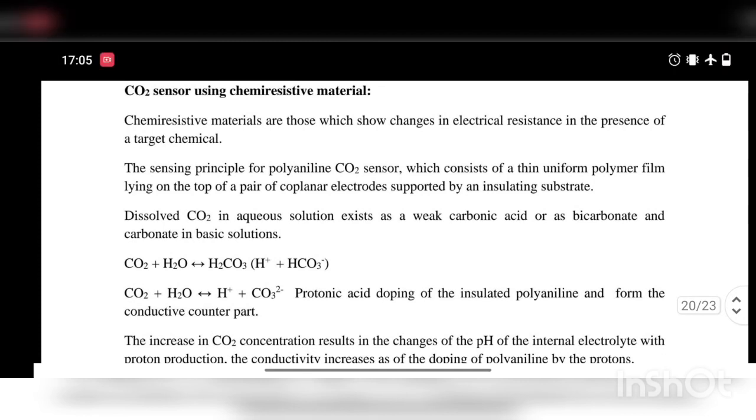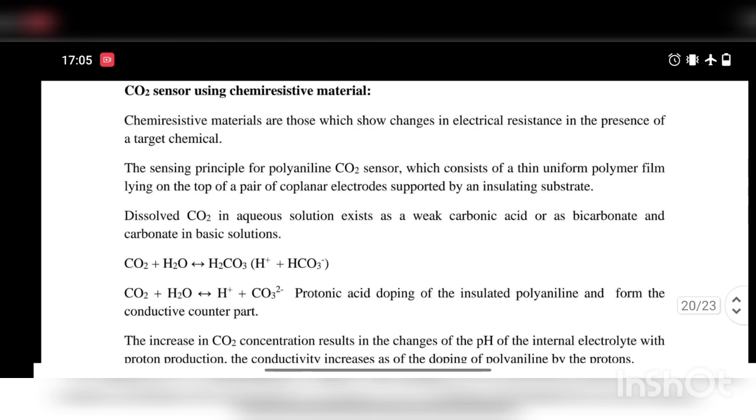As I already mentioned, conductometric sensors can also be constructed using chemi-resistive materials. A chemi-resistive material shows a change in electrical resistance in the presence of a target material.